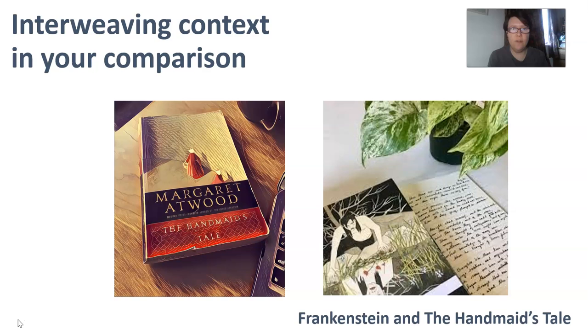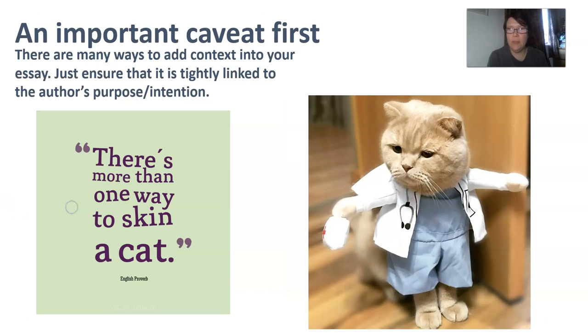So let's start off, as I have been with all of these videos, with my caveats. I've called this one Whiskers Frankenstein. As I've said with all of my other videos, there are many different ways to structure your essay paragraphs.